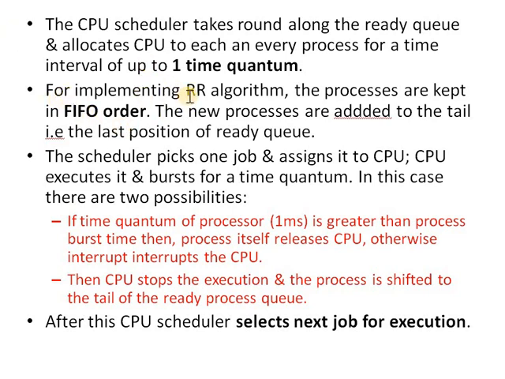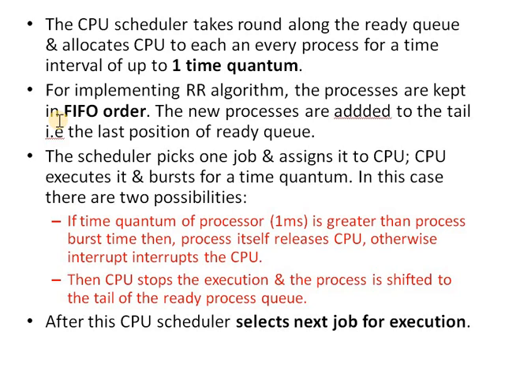For implementation of the round robin algorithm, the processes are kept in FIFO order, that means first in first out order, and new processes are added to the tail, that is the last position of the ready queue.